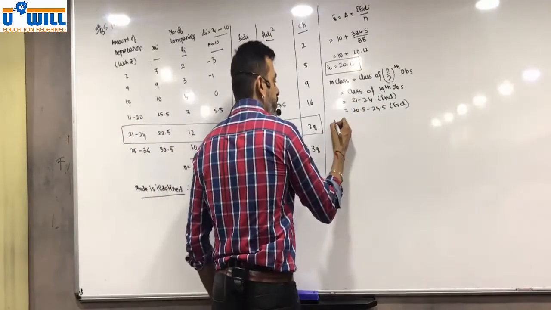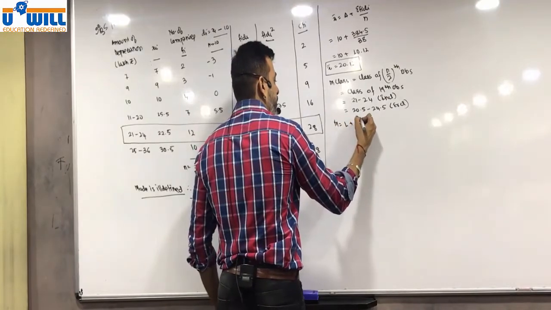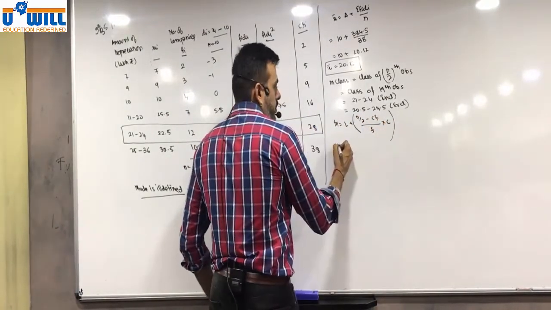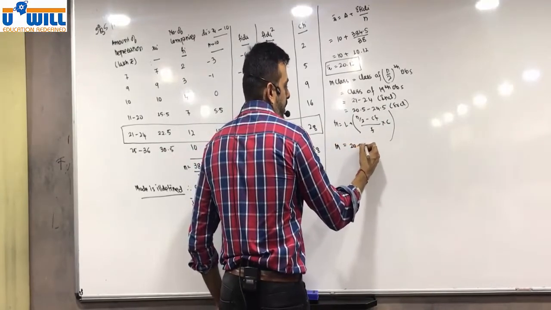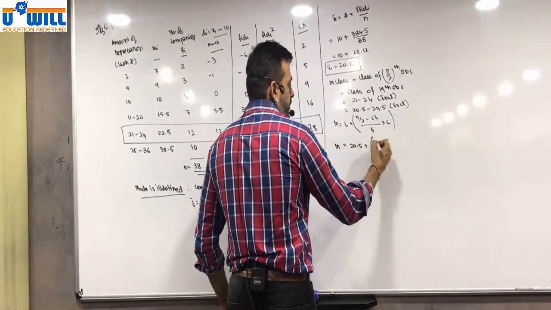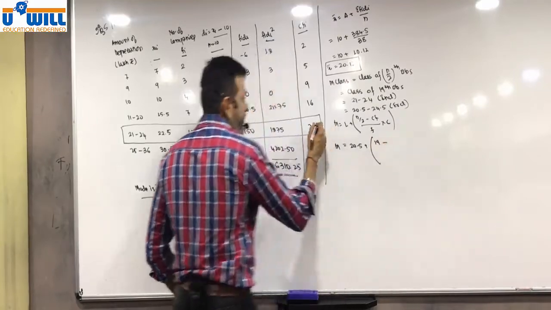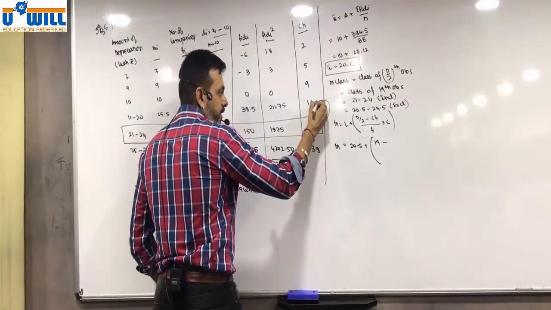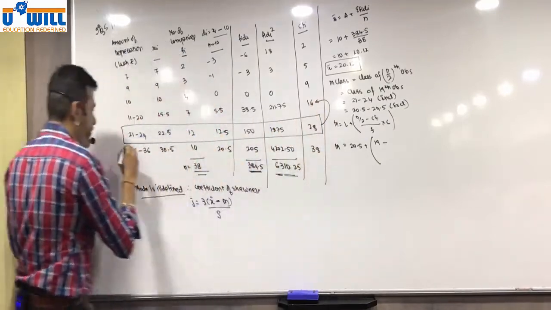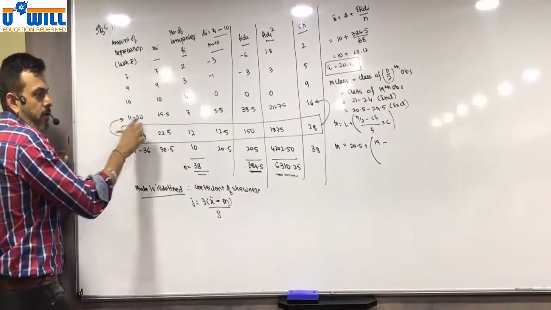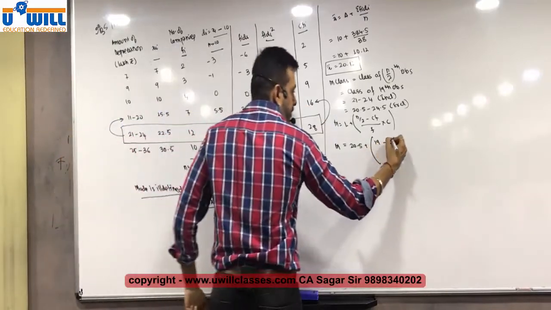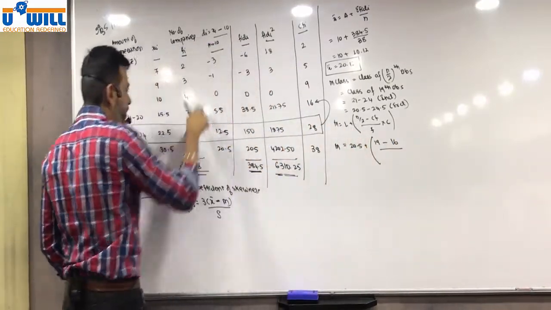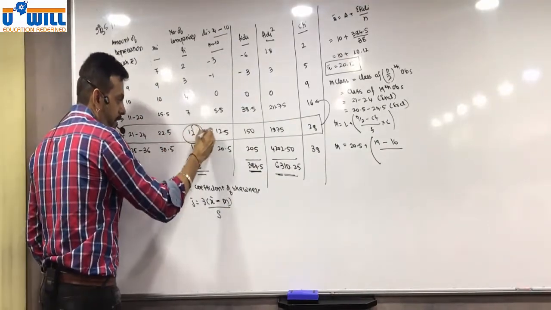Median is equal to L plus n by 2 minus Cf upon f into C. Lower limit 20.5. Plus n by 2 is 19 minus Cf. ध्यान दो, cumulative frequency of the class preceding the median class, that is 16, upon f, frequency of median class. ये हमारा median class है, इसका frequency f.